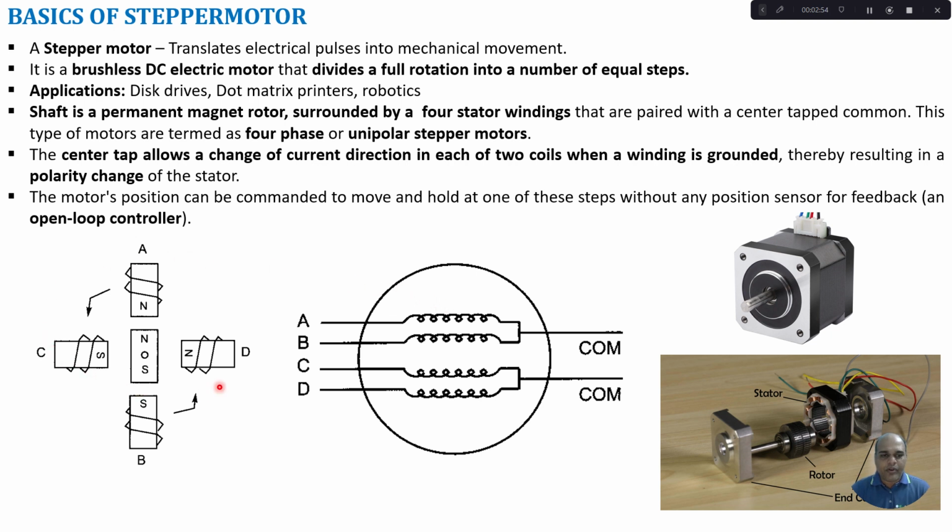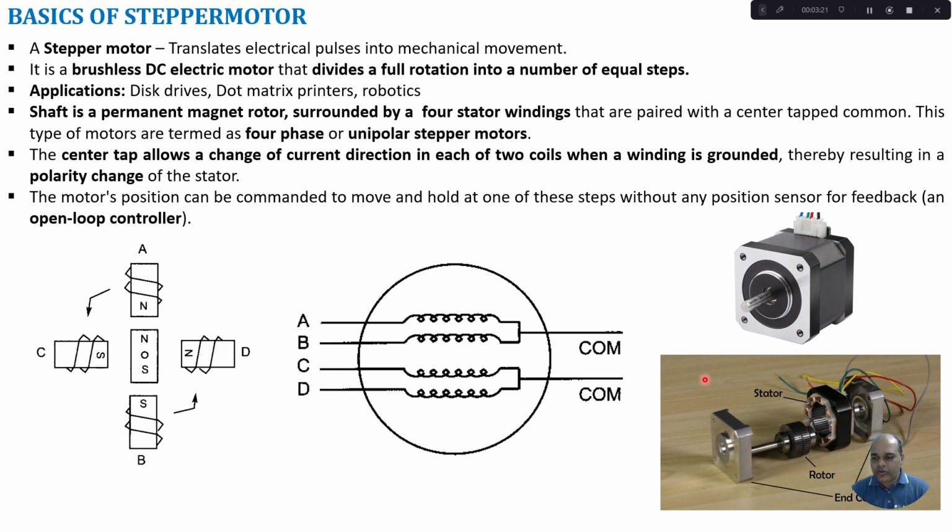With this stepper motor, we are able to achieve small steps but without any feedback mechanism, without any sensors attached to the shaft. So it is not a closed loop mechanism, it is an open loop mechanism. We can achieve, to an extent, accuracy in positioning the shaft to a particular angle in an open loop controller mechanism.